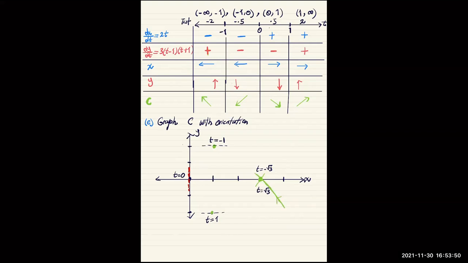There is just no other way for me to draw the curve. So just keep increasing until you get to t equal to -1, where there is a horizontal tangency like that.